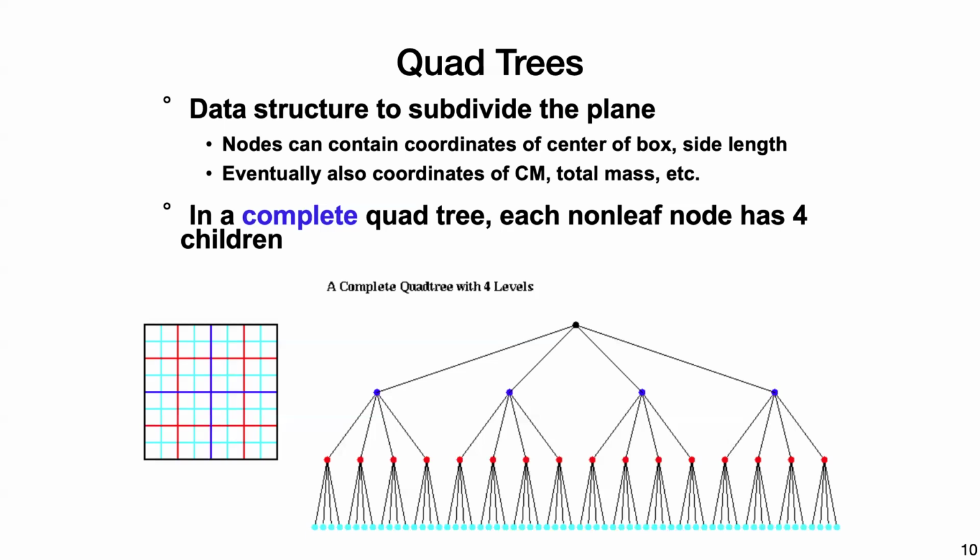For example, in this small light blue box, we would compute the center of mass by taking the weighted average of all the points in this light blue box, which is the leaf. One level above that, in this red box, the center of mass and the total mass can be computed from the values in the light blue boxes. So you can compute them recursively going up.